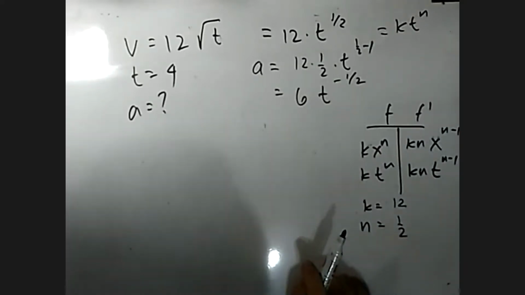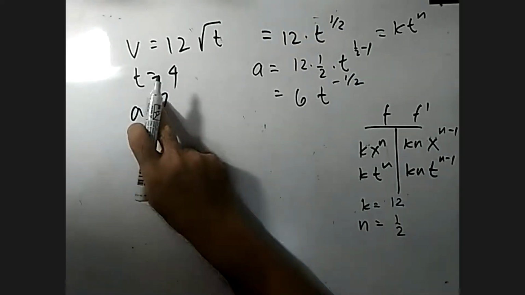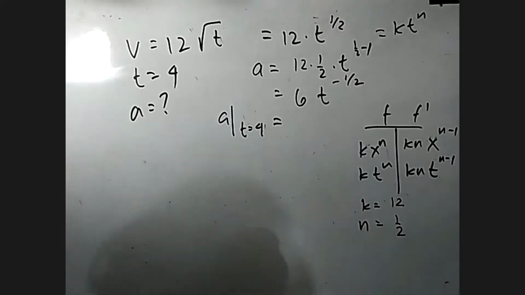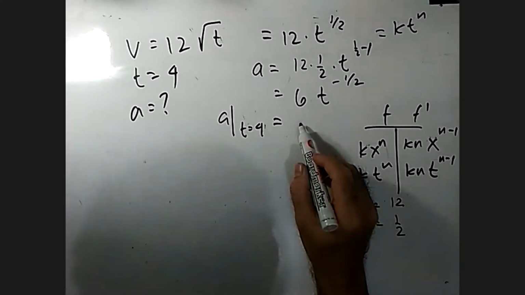Okay, next, Patricia. Now we know it is to be calculated when t equals 4, right? So A when t equals 4 is, Patricia, what is it now? Actually it's supposed to be 6.